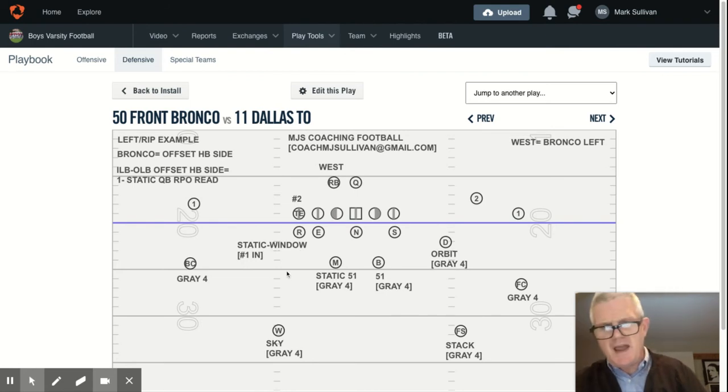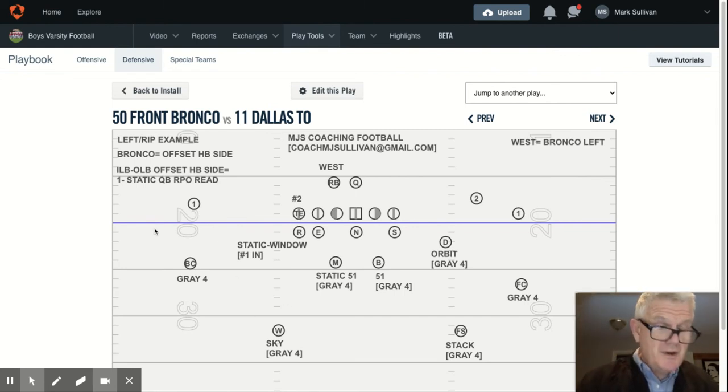It's not as important a read, Bronco. In fact, if teams aren't necessarily going to be big on the RPO using a tight end, we may not call Bronco if it's to the side of the tight end. We may just simply Omaha it. But just for the purposes of this presentation, west is Bronco left, even if it means a rover versus a tight end. You can play it.